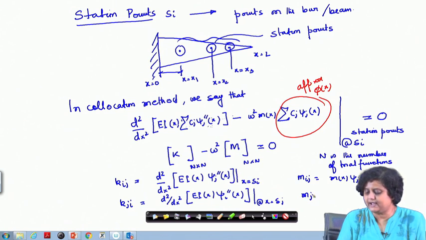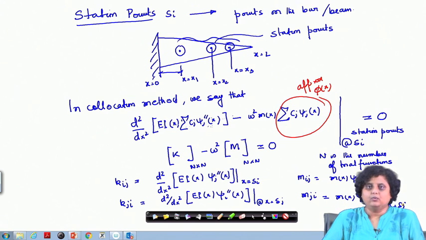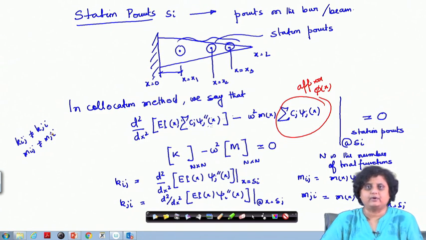Similarly, Mji is equal to mx psi i x at x equal to Sj. So, we can see that Kij is not equal to Kji and Mij is not equal to Mji. So, they are not symmetric. This is how we are going to solve a problem using the collocation method.